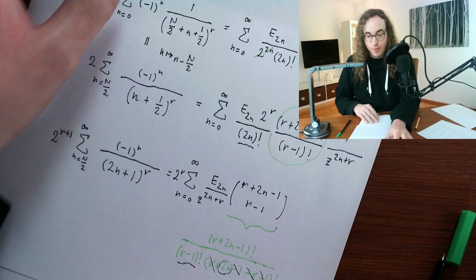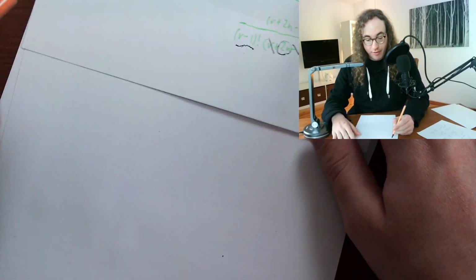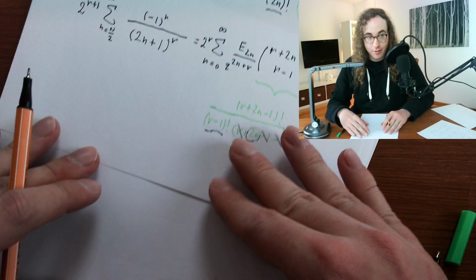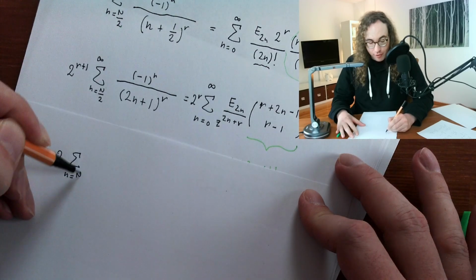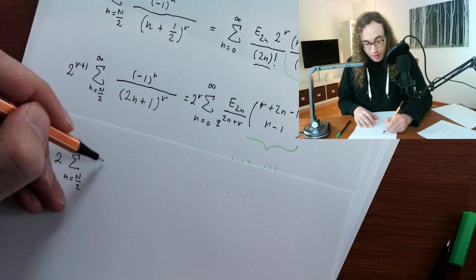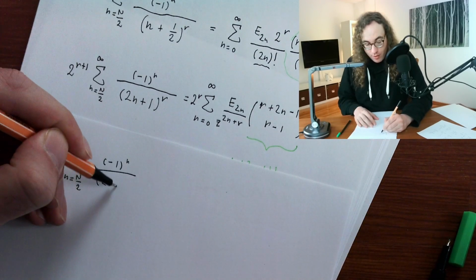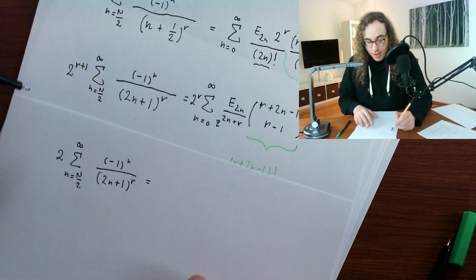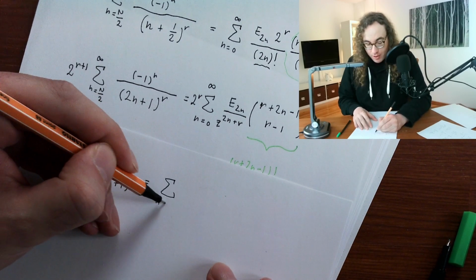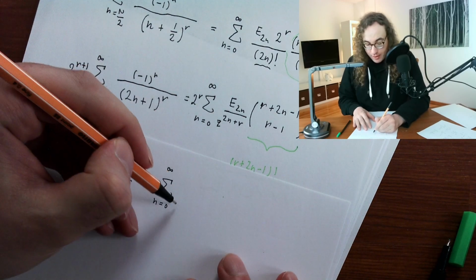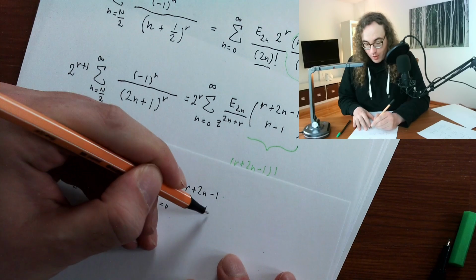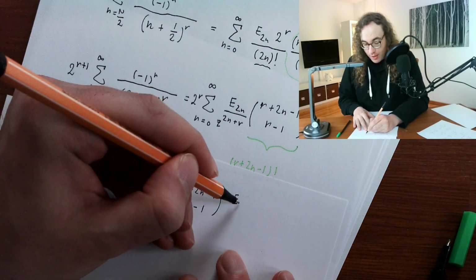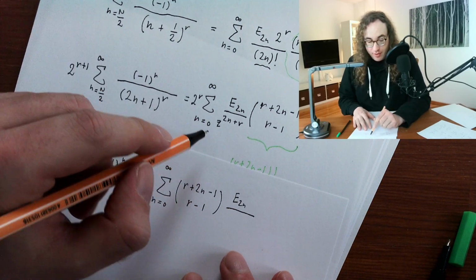Now in the last step, I can cancel the funny factors of 2r on the left and the right side. So this is the same as 2 times the sum from capital N half till infinity of (-1)^n over (2n+1)^r, which is the same as the sum from 0 to infinity of the binomial coefficient (r+2n-1 choose r-1) times e_2n divided by, why do I still have z?